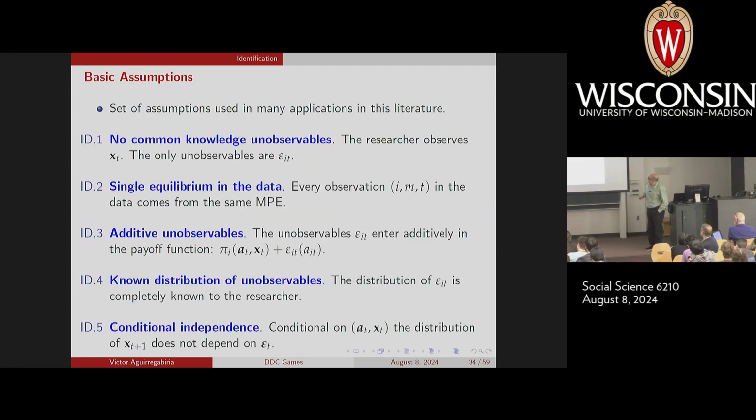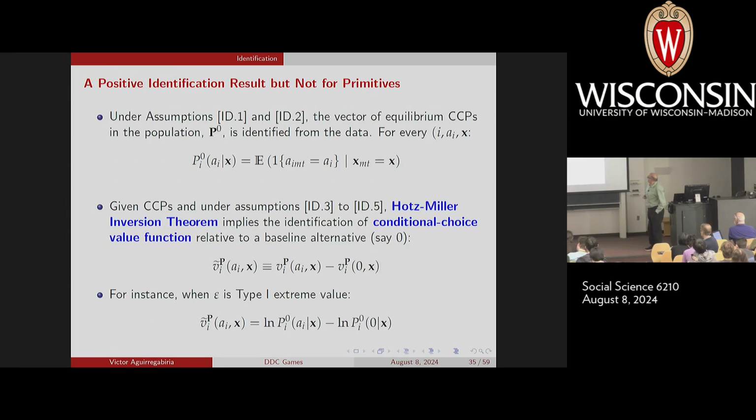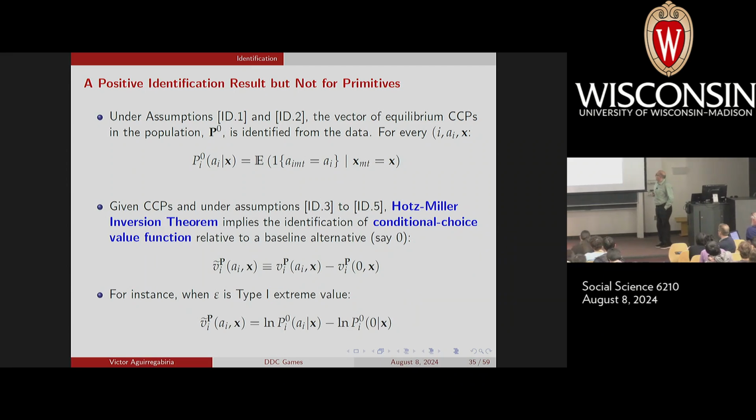Under these conditions, we can use the Hotz-Miller inversion theorem to get a positive identification result. Under this condition, the probability distribution of the actions of player i conditional on the observable state variables is just an expectation that we can estimate from the data. Then these choice probabilities are identified.